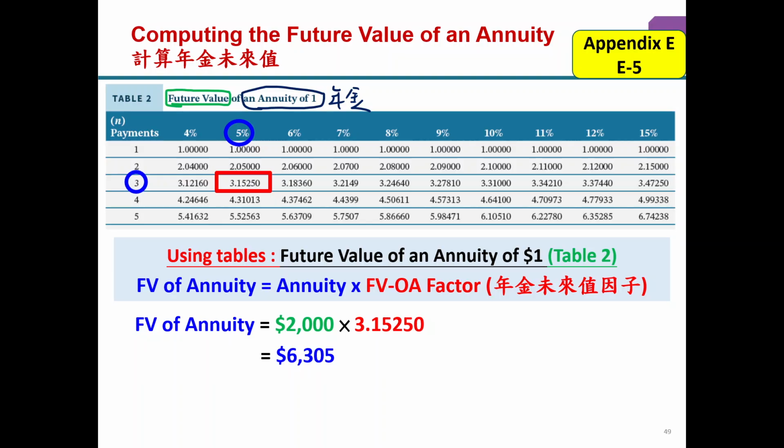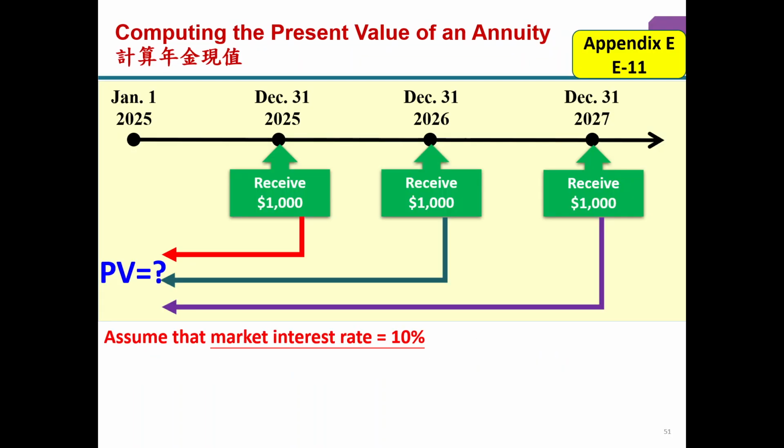The present value is also the same. We have 1,000, 1,000, 1,000, the annuity. Same amount occurred during the same period, right? So what should we do? For the first 1,000, trying to get the present value, you should divide it by only one time, right? With a market interest rate of 10%. How about the second 1,000?